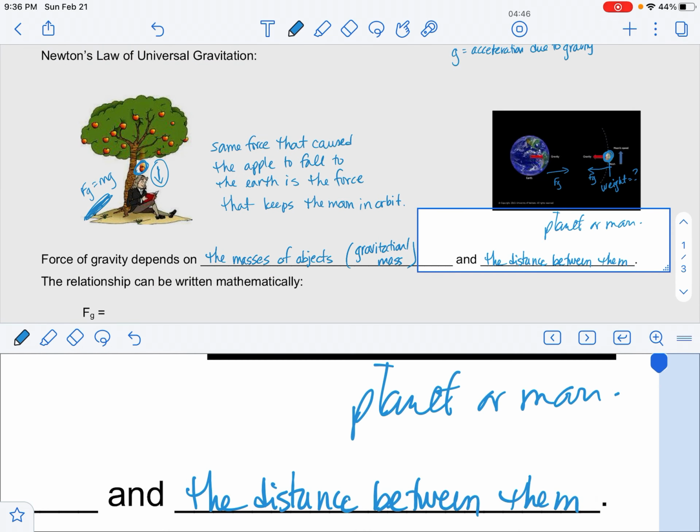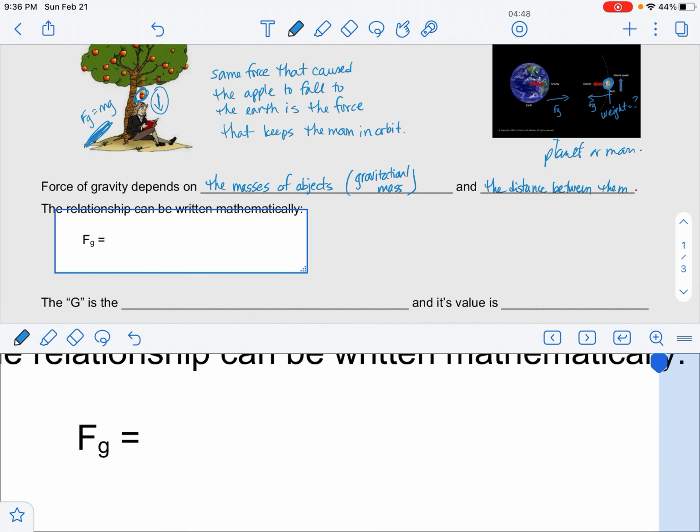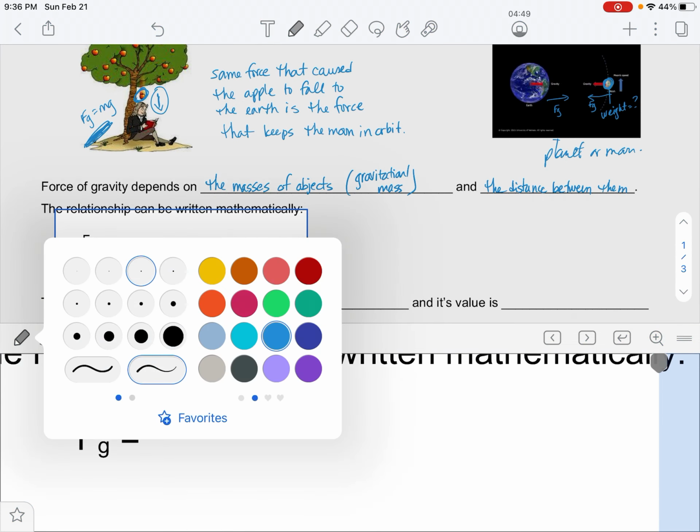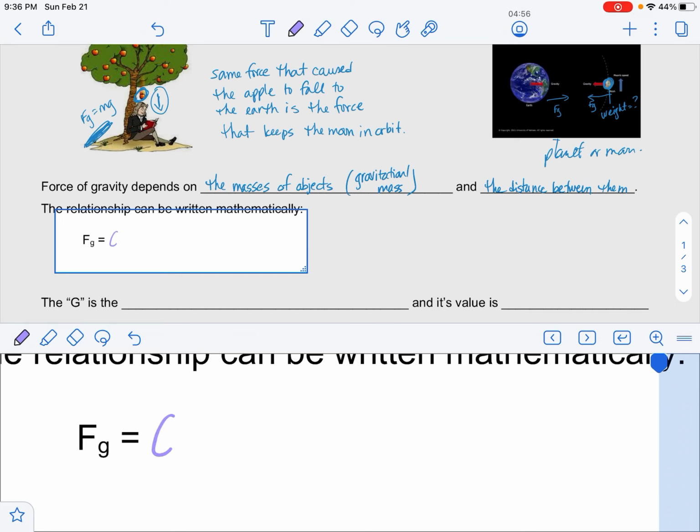Okay, so how do we write this mathematically? Well, we say Fg, that's the gravitational force, is equal to capital G, I'll explain in just a second what that is, times the mass of the first thing, times the mass of the second thing, over the distance between them squared.